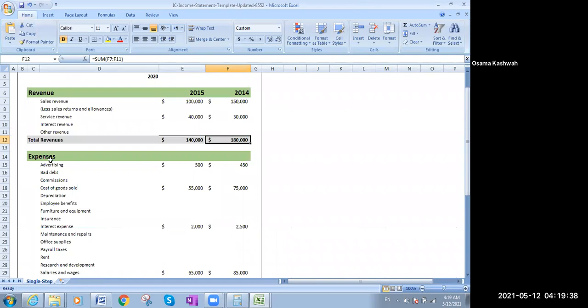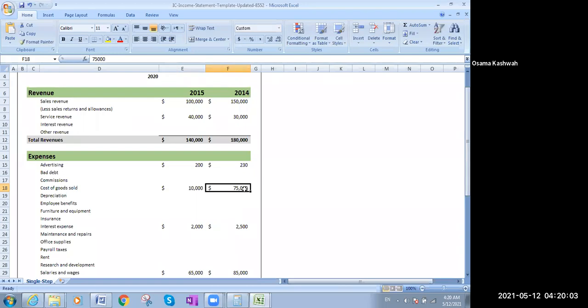Okay, now we'll go to the expenses, the part of the expenses. Let me put this as example. The expenses here was $200. And here in year 2014, it was $230. And cost of goods sold, let me say the cost of goods sold was 10,000.